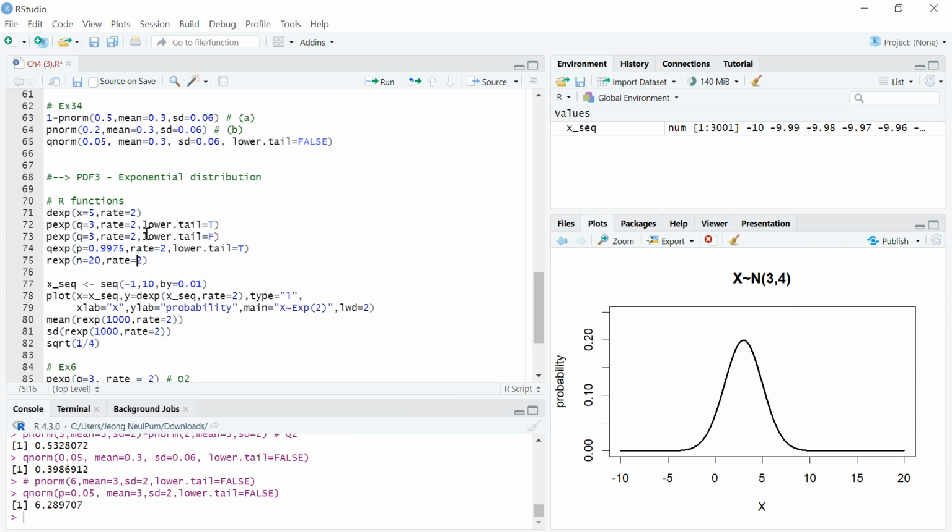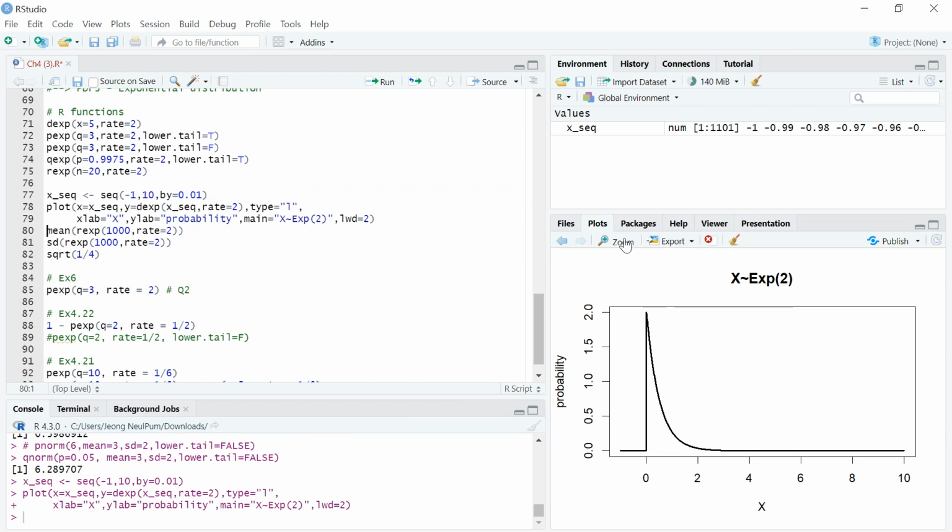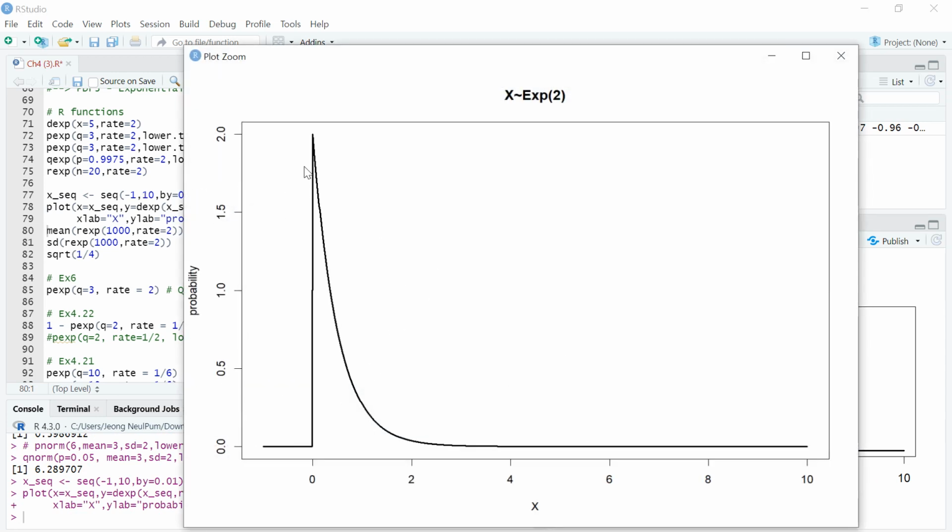So I think there will be no difficulty in understanding how these functions work for the exponential distribution. And this code is nothing but plotting how the exponential distribution works.